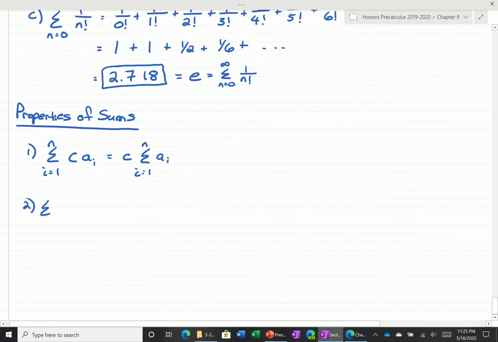Another property is the sum from i equals 1 to n of a sub i plus b sub i. We could actually break up the summation to be the sum of the first plus the sum of the second.